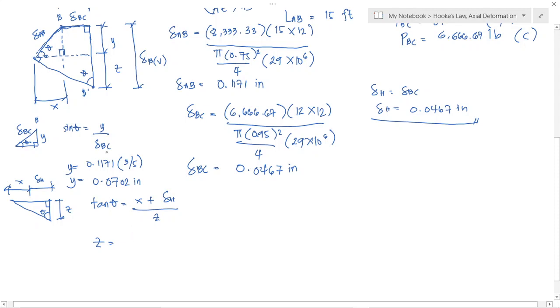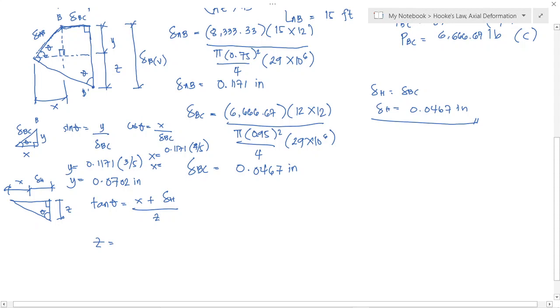From here, okay, using this triangle pa rin pala, we have this one, ito ay x. So, cosine of theta is equal to x over delta BC. So, makukuha mo that x. Substitute nyo na lang class. We have delta BC, 0.1171 multiplied by 4 over 5 kasi cosine.